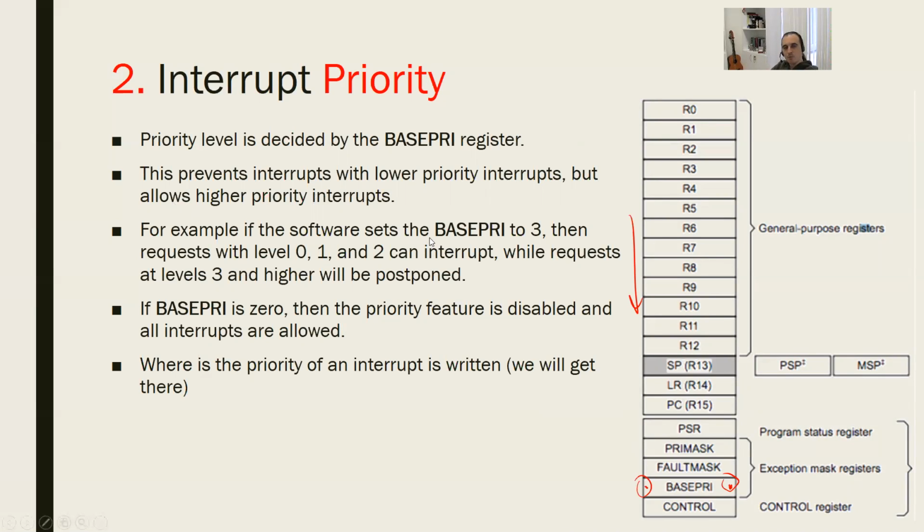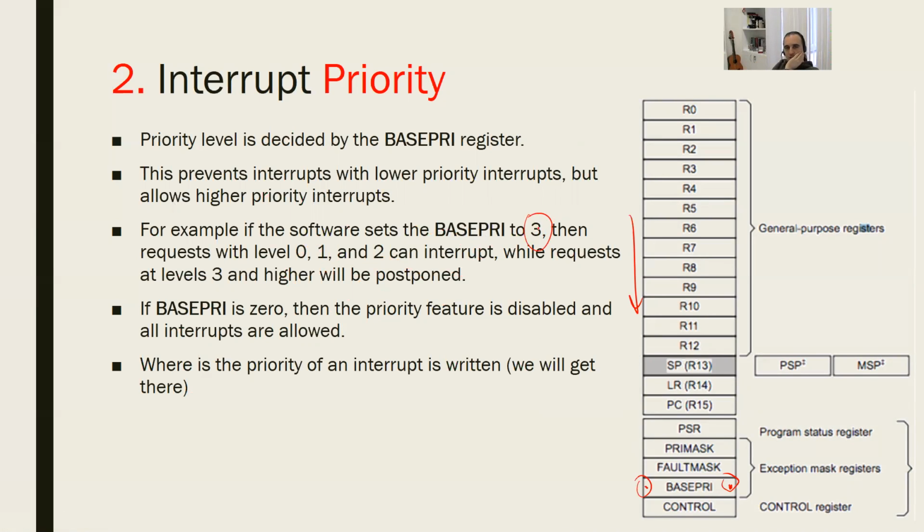If the global priority level is 3, then all customers with priority level 0, 1, 2 will be accepted. But 3, 4, 5, 6 will not be accepted. So the higher the priority value, the worse the priority level. Sorry, the lower the priority value, 0, 1, 2, the better your priority is. So it's the opposite, okay?